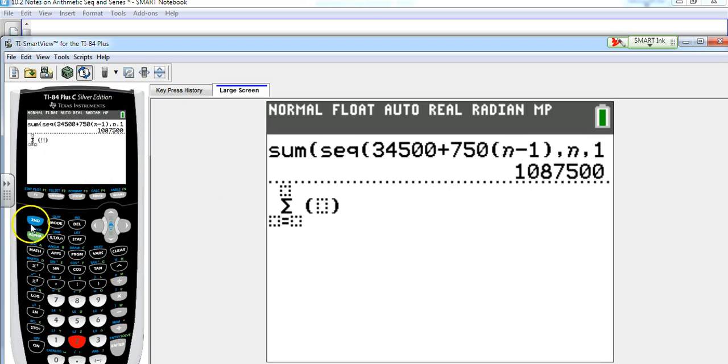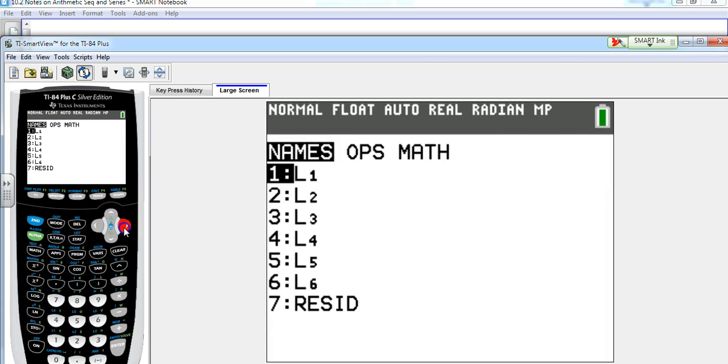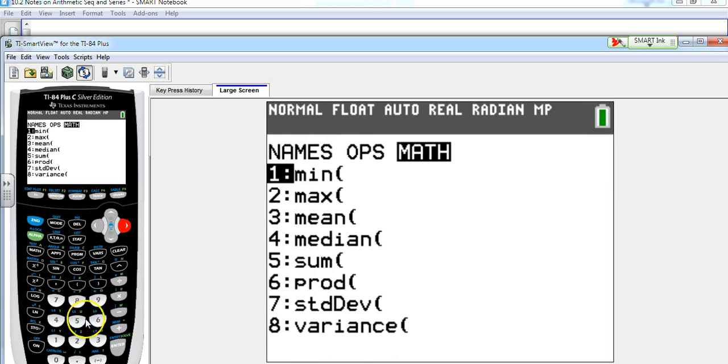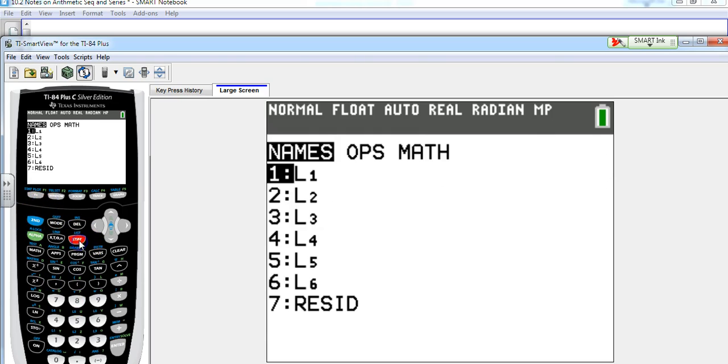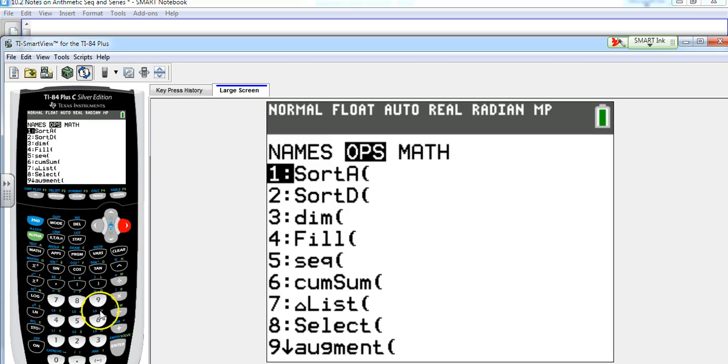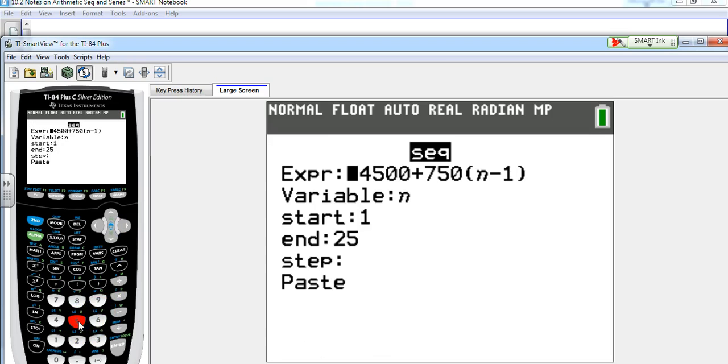The rest of us who don't have that feature, again, it's second stat, arrow to the right twice, and choose sum, which is choice 5. Second stat and arrow to the right once, and choose 5, which is sequence. Then you have to put in the sequence. Do they give us the sequence in this problem?